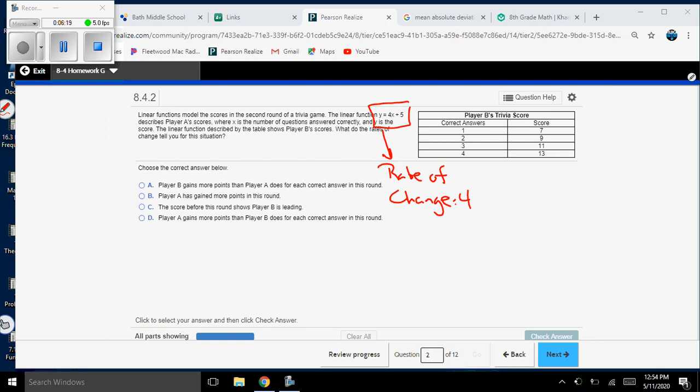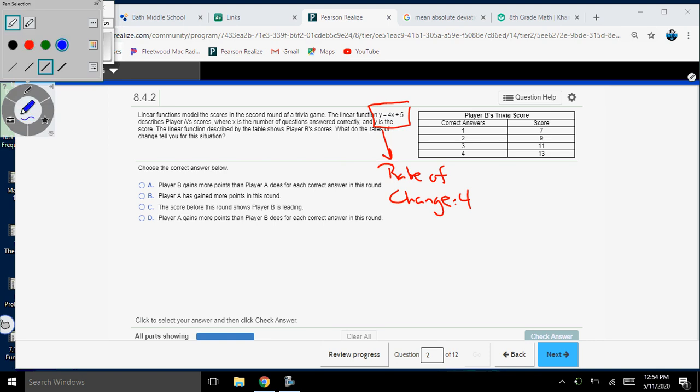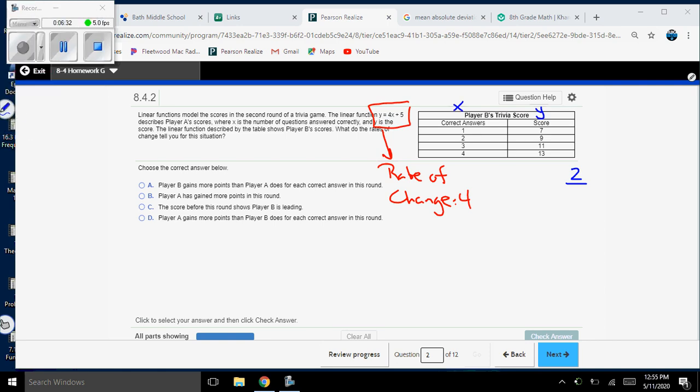And over here, if we take a look at my table, we see that we go from 7 to 9, which is a rate of change of 2. So remember, in a table, this is your y value and this is your x value. So 2 over 1, so the rate of change in the table appears to be 2. So obviously that means that the linear function y = 4x describes player A gaining more points in this round.